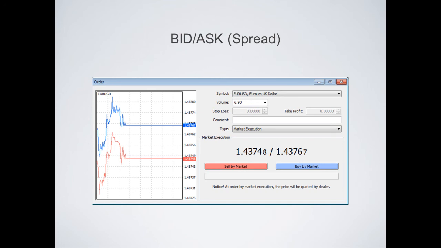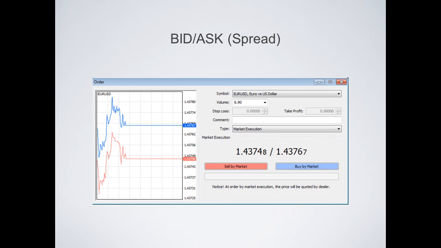So if I'm selling at the bid, 1.4374, I need the currency to go down in value, but the broker will only take it back at the higher price. So if the price is worth more than what I paid for it, I've lost money, because the broker's only going to give you what it's worth.